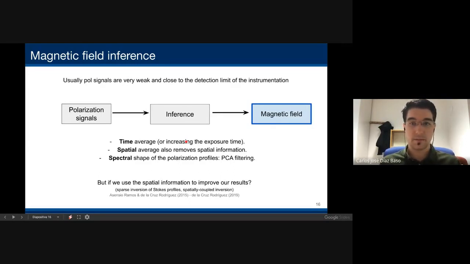We have a few points in the spectral line. So it would be very difficult to exploit all the information that is present in the spectral line. So the question in this case is, can we not use the spatial information to improve these results?